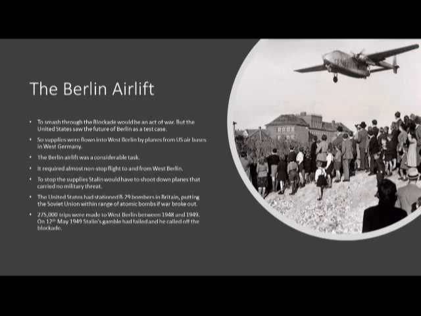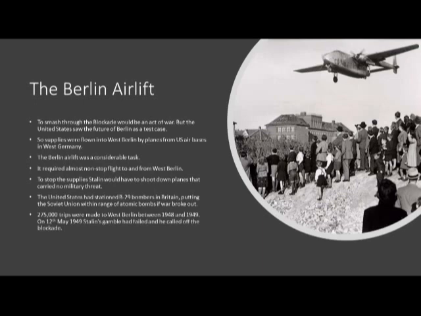We know that the United States initially believed they shouldn't recognize the blockade and should just smash through it, but then cooler heads prevailed. Operation Vittles and Plainfare was this joint British and American airlift operation where supplies were flown into West Berlin every single day for the best part of a year.